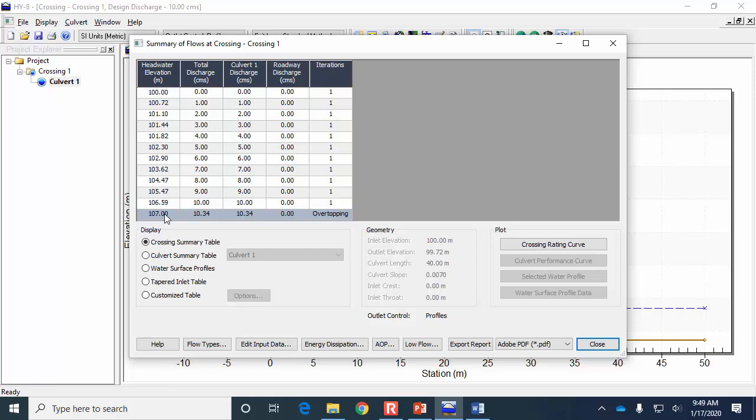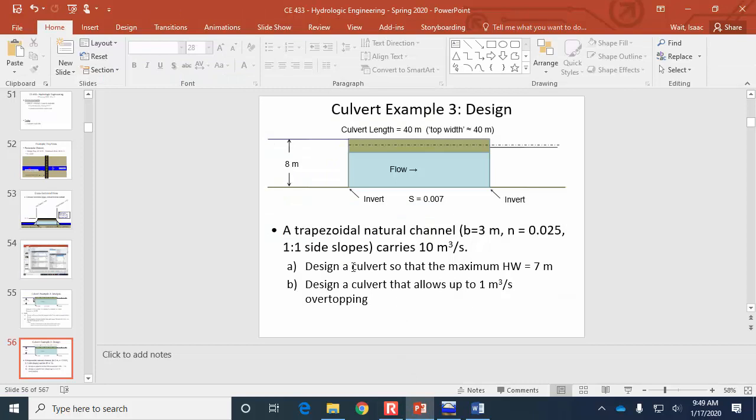Now that's big enough, because when the headwater gets up to 7 meters, I can get 10 through there. I could make it a little bit smaller, but 1400 is a nice round number. So my answer to the first part is the culvert has been designed so the headwater depth is 7 when 10 is getting through the pipe.